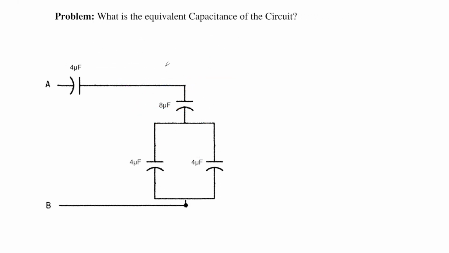For this problem, we are asked to calculate the equivalent capacitance of this circuit between terminals A and B. Well, with simple reduction of these capacitors, we have a series connection as well as a parallel connection.